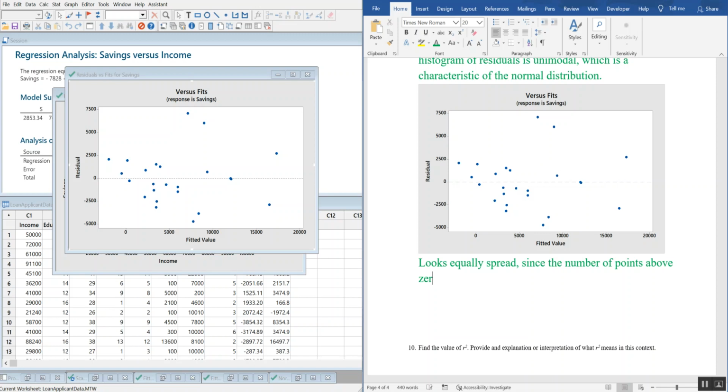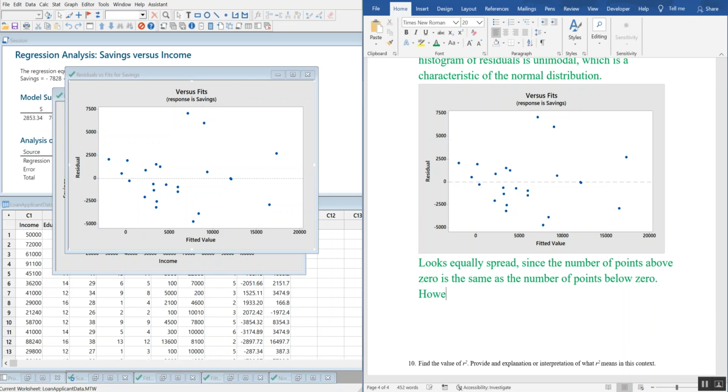Above 0, remember the 0 is the line in the middle, is the same as the number of points below 0. Yay! However, there is a cone pattern in the data. So we should be cautious about using these results.